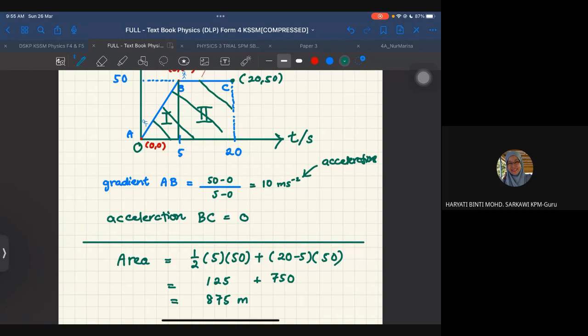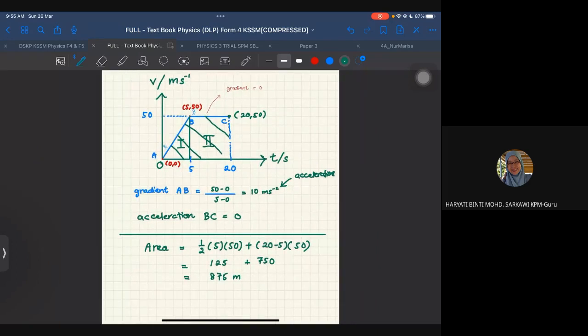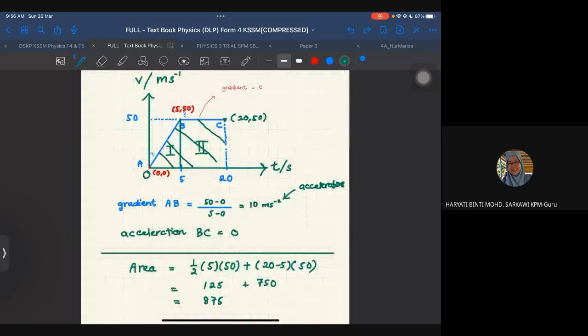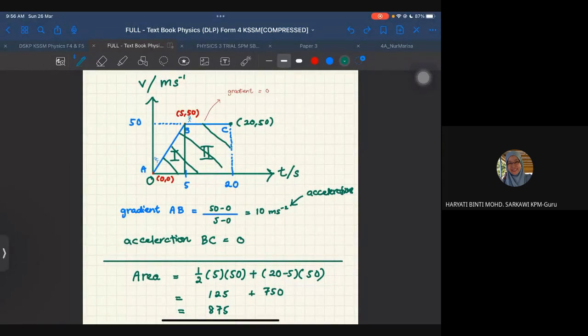Got it? Okay. So now what is the unit of the area under the graph now? Is it meter per second squared? Check again. Area under the graph, not gradient. Area under the graph.